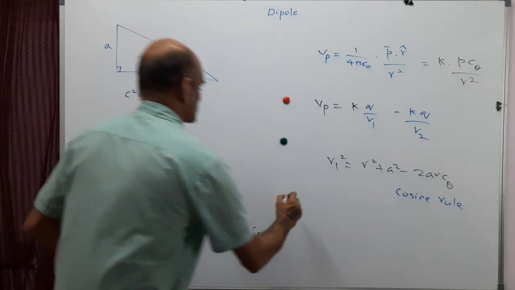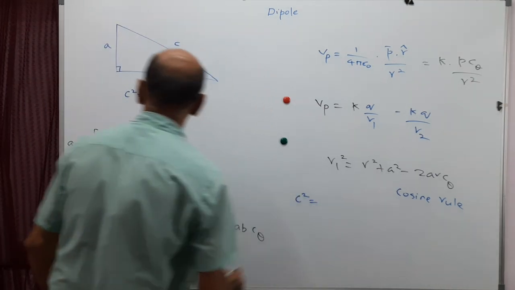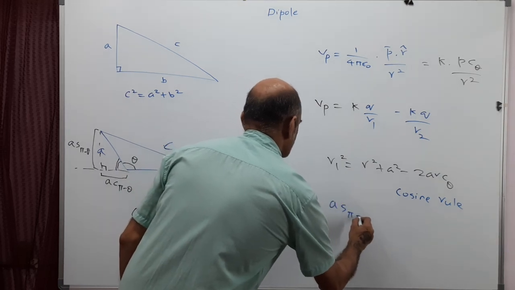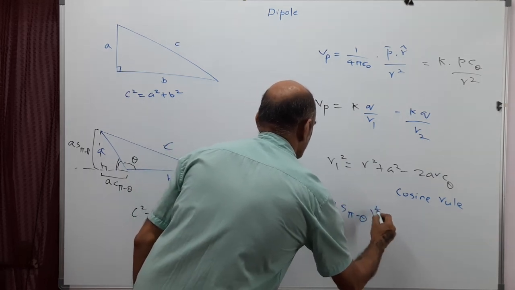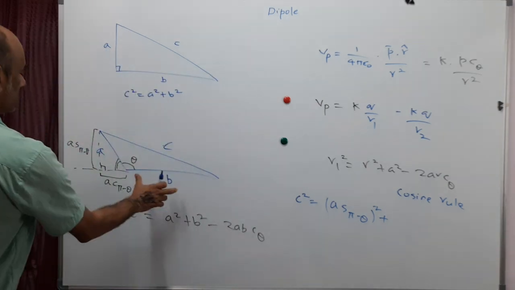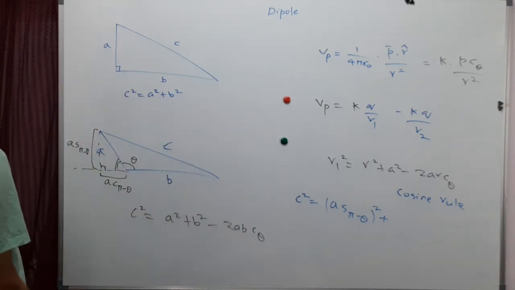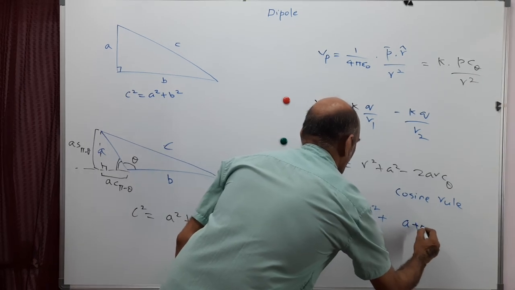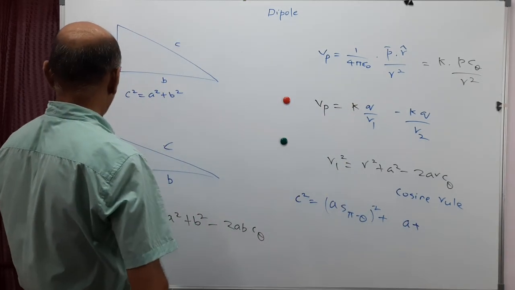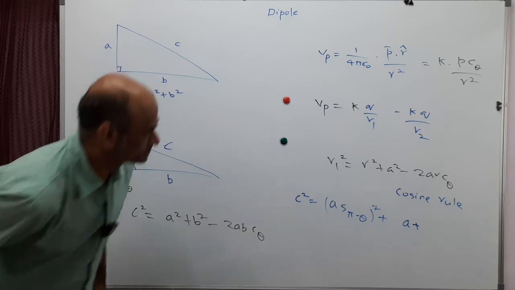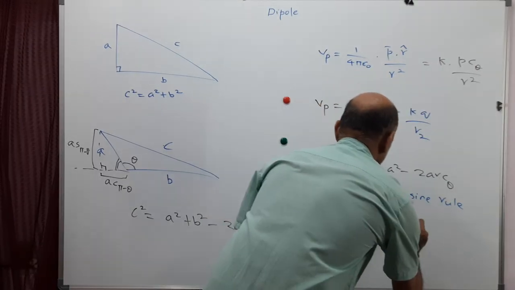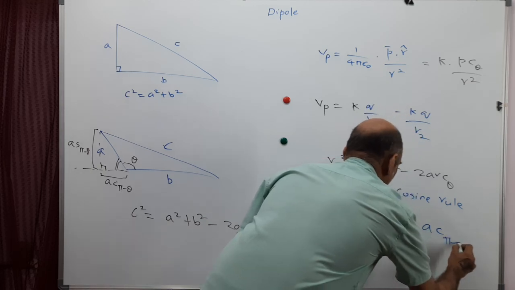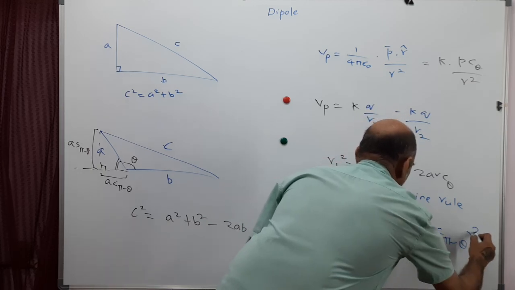That will give me C square equal to A sine pi minus theta whole square plus B plus A cos pi minus theta, from here to here, the full square.